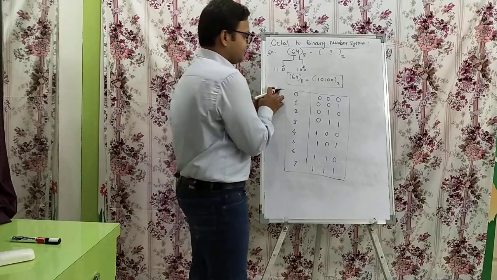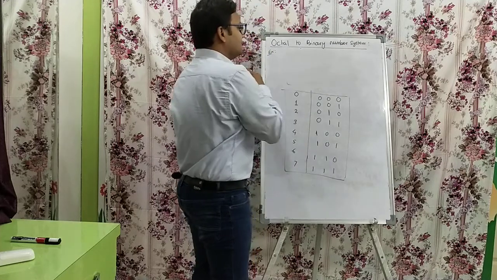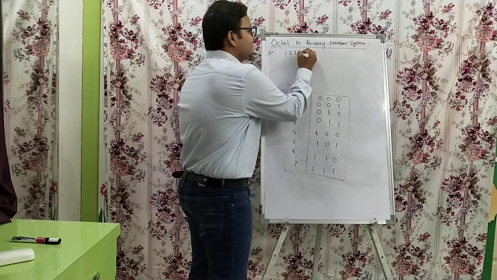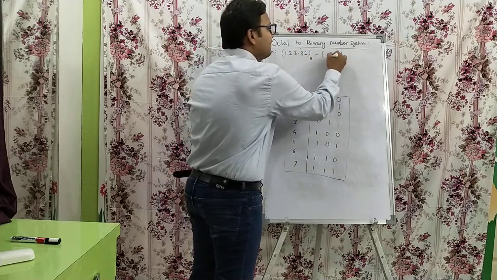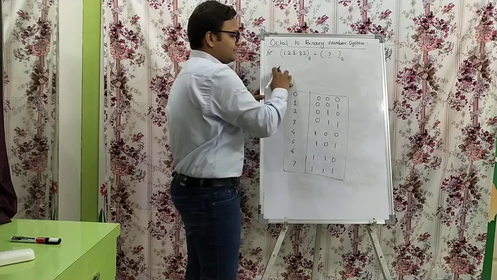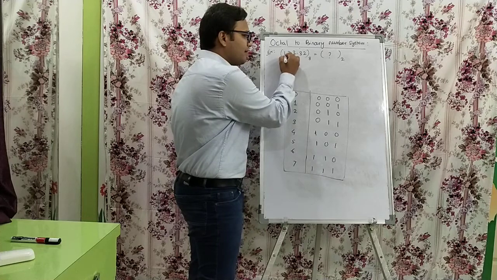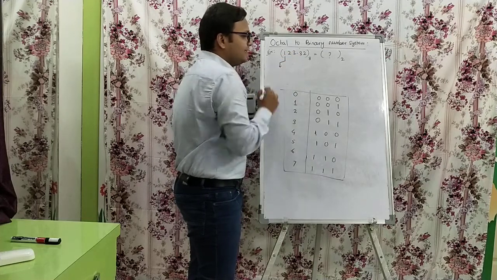Again, another example: 123.32 base 8 to its binary equivalent. As you know, each individual octal digit is equivalent to 3 binary bits.